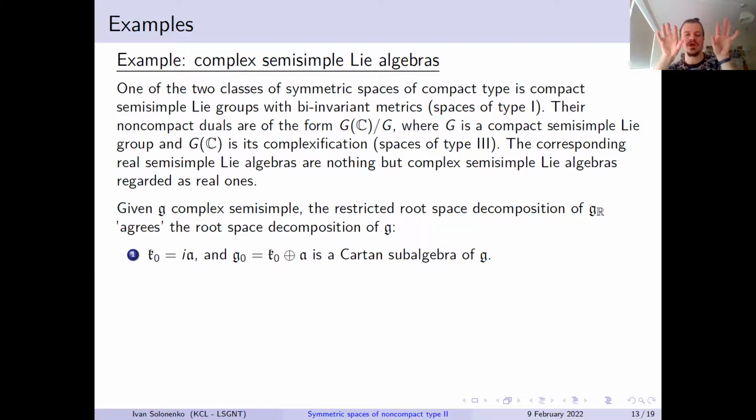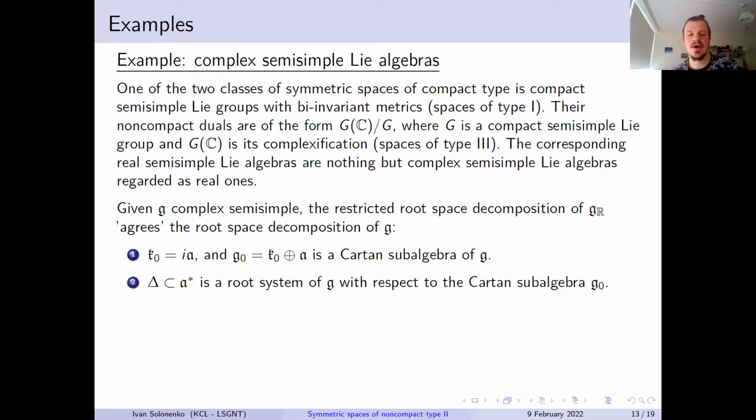You have these two blocks A and K0, and K0 is just A multiplied by i, where i is the complex structure in my Lie algebra. And A plus K0, which you remember is just G0, is actually a Cartan subalgebra of G, where G is regarded as a complex Lie algebra.